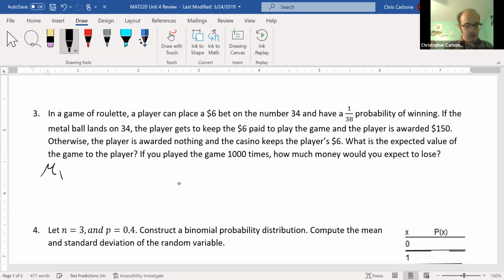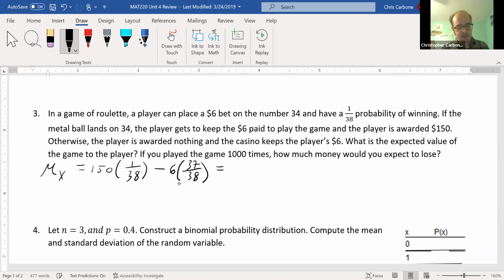So, taking the mean of this random variable, if the player wins, they keep $150. Probability of that is 1/38. But if they lose, they lose $6, so we would subtract 6 times the probability of losing, which is 37 out of 38, or 1 minus 1/38.